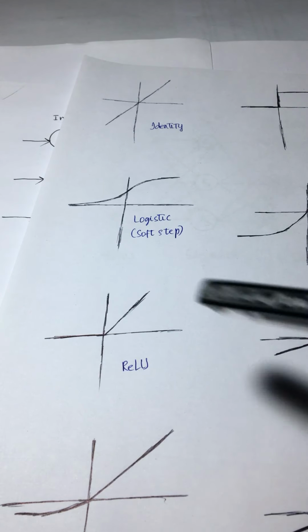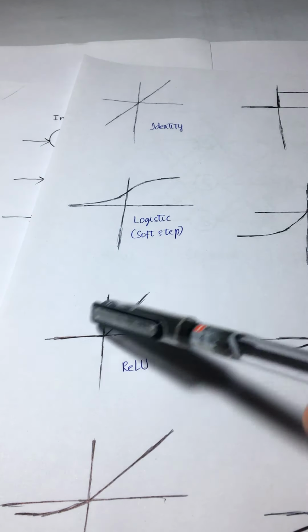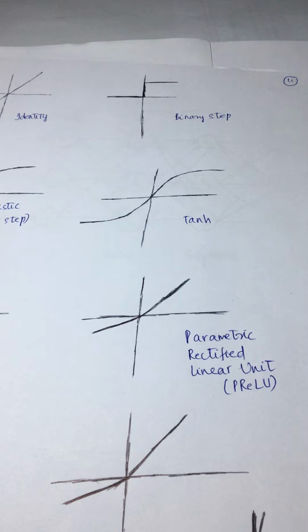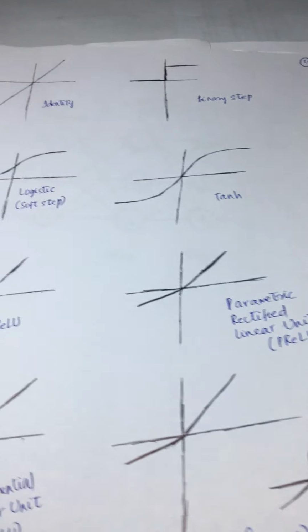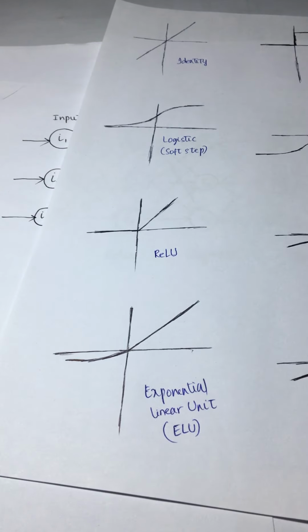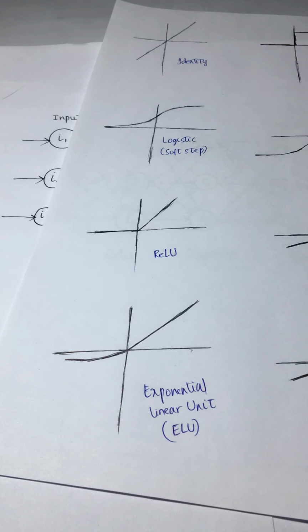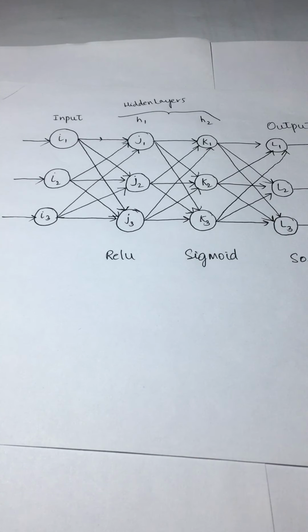This one is your ReLU, and either leaky ReLU or randomized ReLU, and this is your ELU. Next, the last two are basically your softplus and arctan.